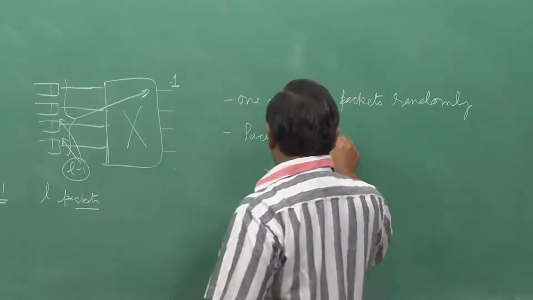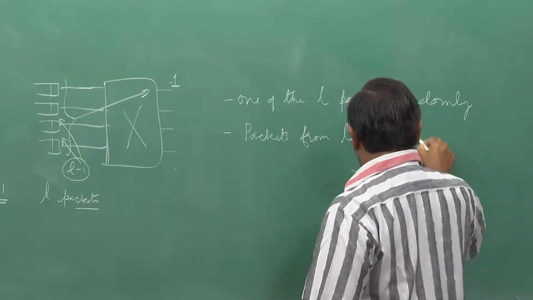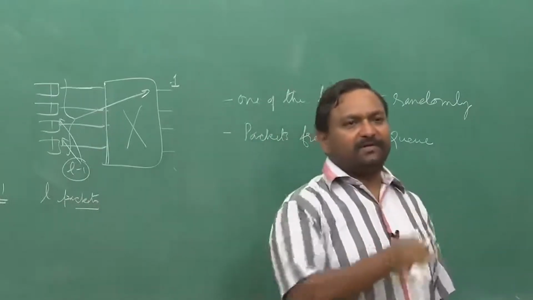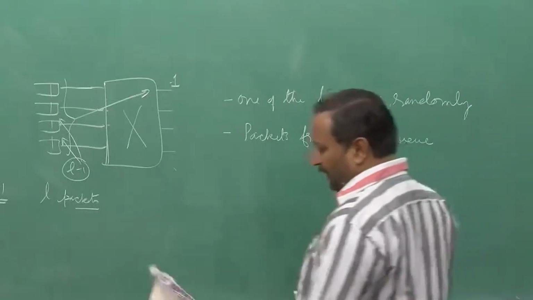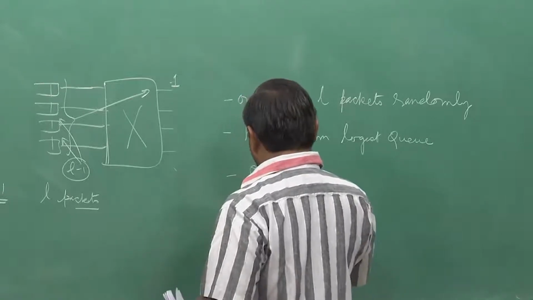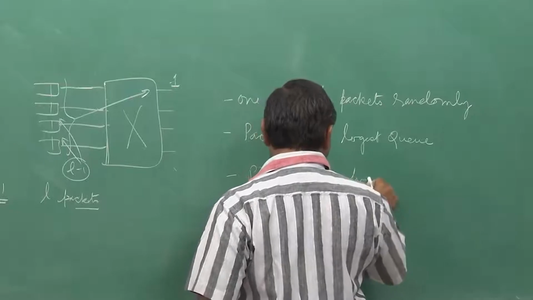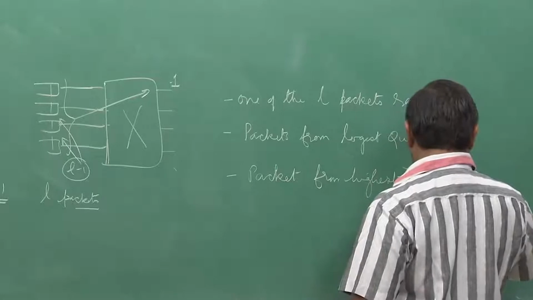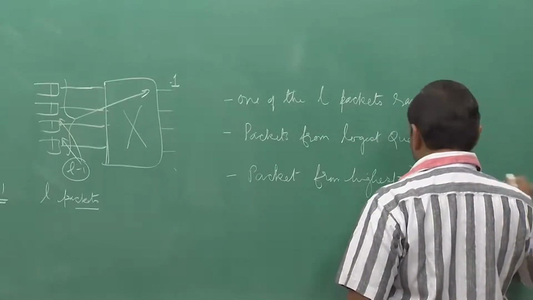You can actually take packets from the longest queue. So the packet which has been backlogged for the longest period of time, you are giving them a priority in this case. Technically, you can also define the priority of the various inputs, and the packet from the highest priority queue is taken.